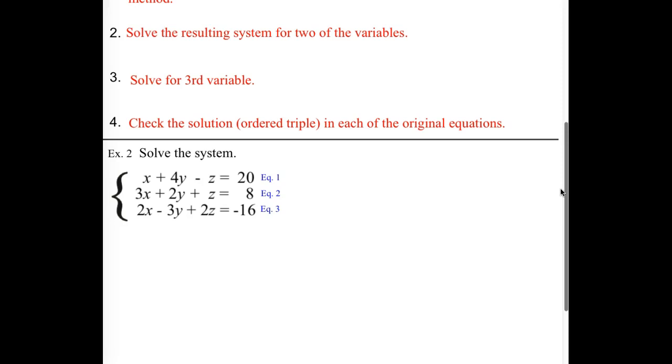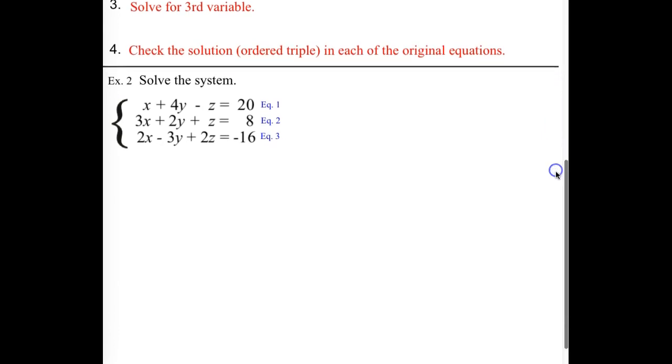Okay, so looking at our first example, I do see a single x right there, and I have some single z's there and there. Because of that, I would not try to get rid of y. That one seems more difficult. The single x's are going to be nicer because we can get opposite coefficients where they add up to 0.